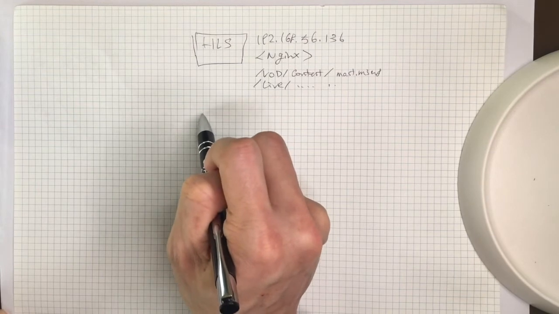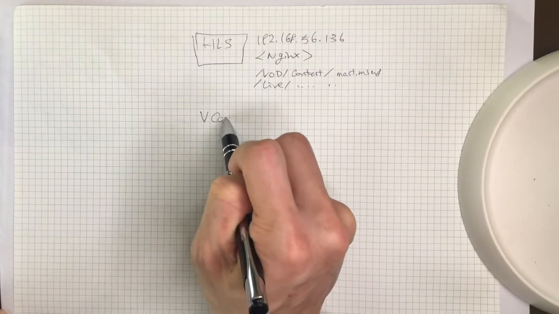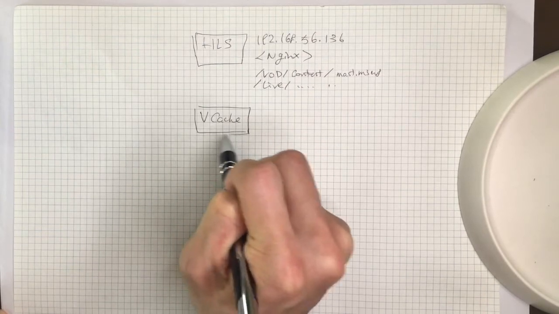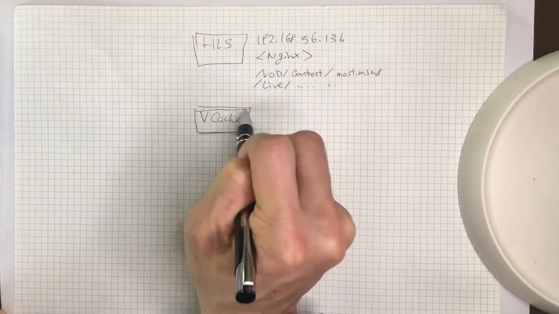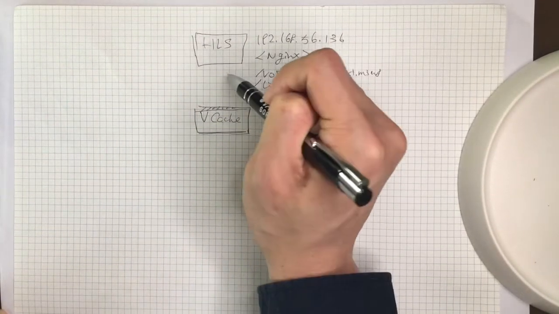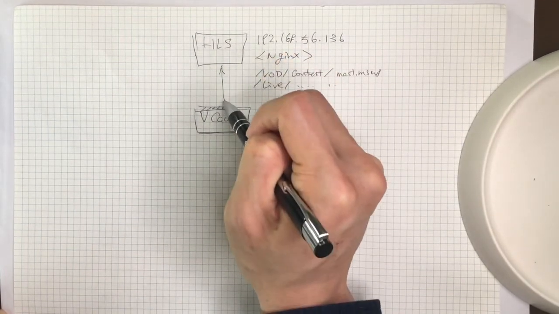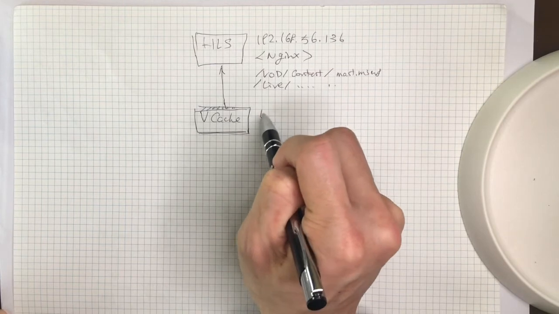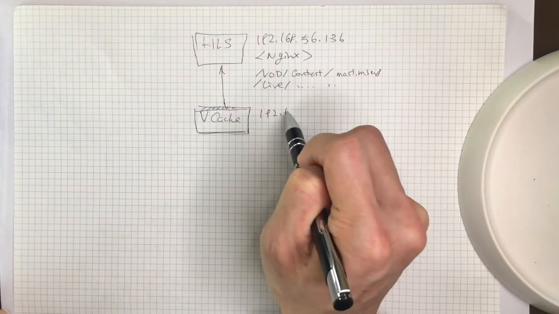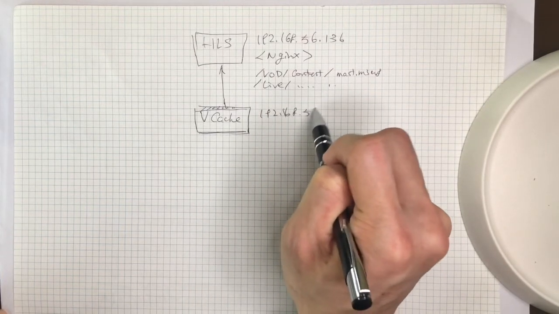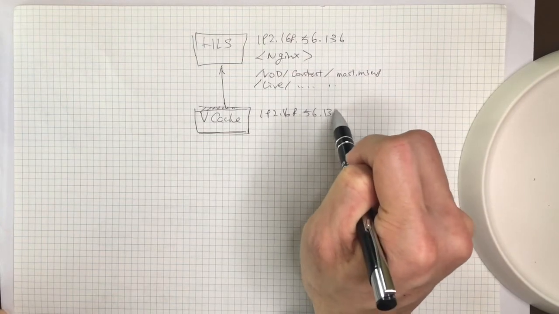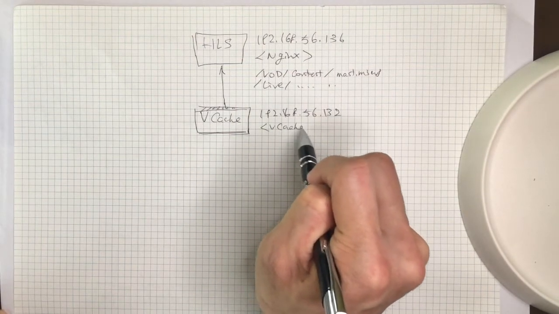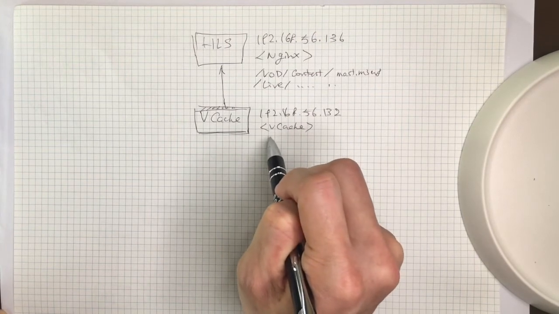Okay, once the origin is okay, then we need to set up the V-cache. For the cache, we use the memory to keep the content for caching. And the IP address is 192.168.56.132, which is the V-cache.